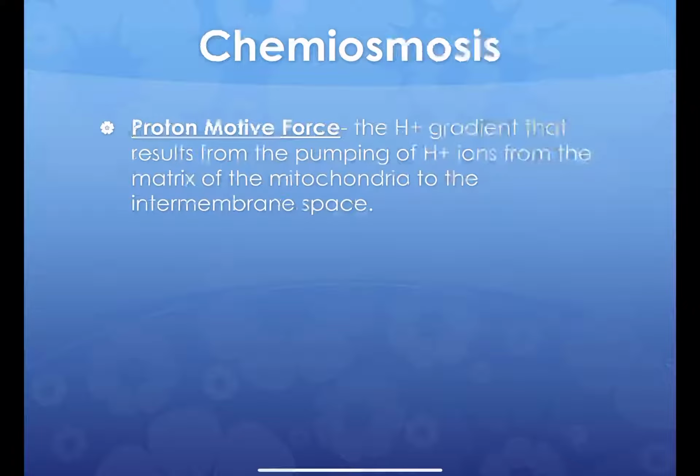Okay? And so this produces what's called a proton motive force. The proton is really referred to as H+. H+ has got one proton because it's hydrogen, and hydrogen has one proton, and so it's referred to as a proton motive force. It also has no electrons because it has the positive charge.